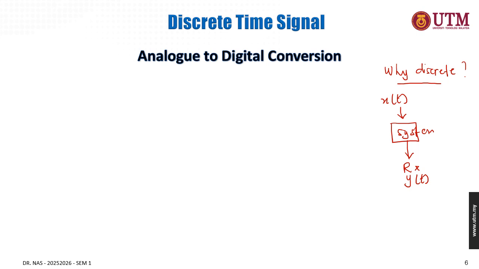So that the system and the transmission medium, which is somewhere here, usually use a digital transmission system, in which only digital signal can be transmitted over the channel. Why do they design a digital transmission system? Because they want to reduce the noise or distortion due to the analog or continuous signal. Digital signal can minimize the effect of noise.